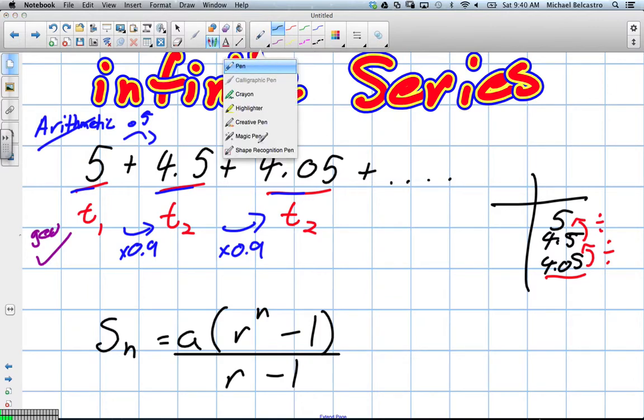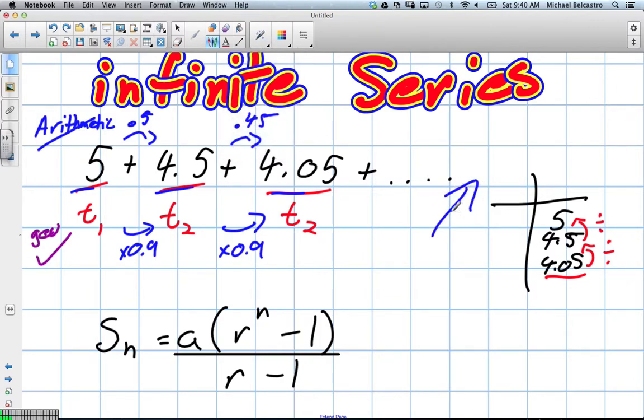Now in this case, because they've given us no ending, essentially what we're saying is this is going to be a series that goes on forever. So we're looking for the sum of our values, and because our first term starts at n equal to 1, we can build this exponential equation.